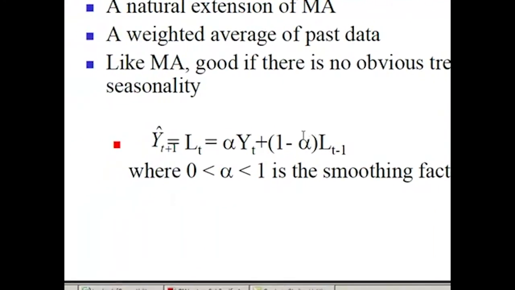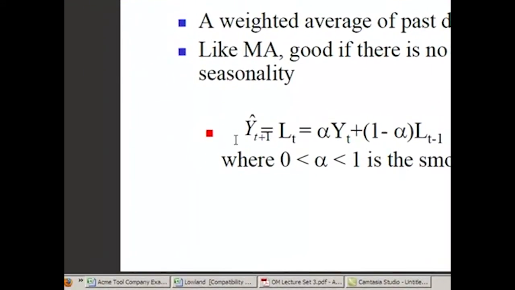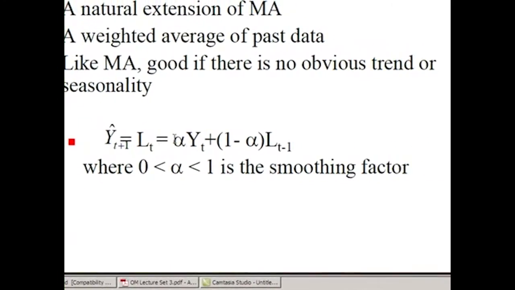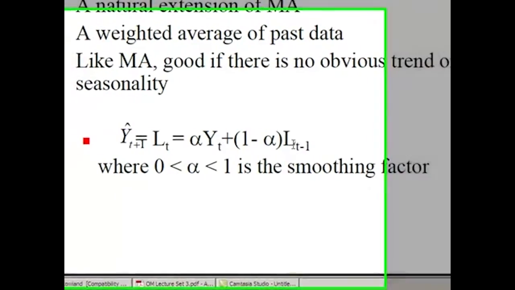The simple exponential smoothing method is listed in the formula here. It says that the predicted value for each time period is based on the level estimate for the last time period, L sub t. And this level estimate is simply a weighted average of what was really observed.